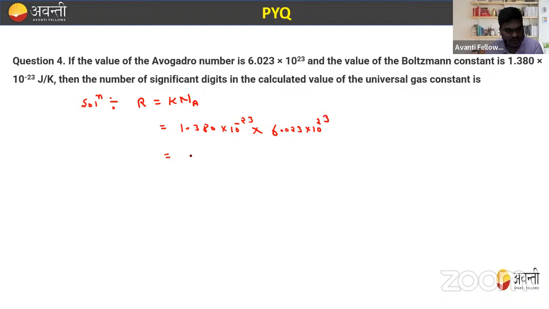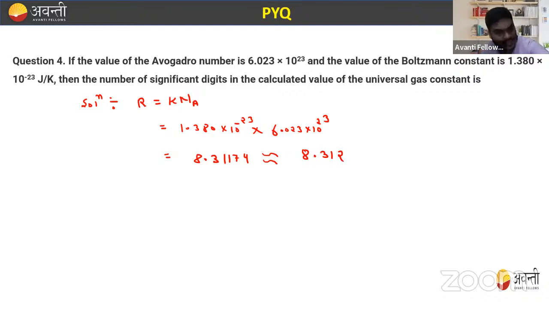On solving, the 10 to the power 23 terms cancel out each other, and 1.380 multiplied by 6.023 gives 8.31174, or approximately 8.312.